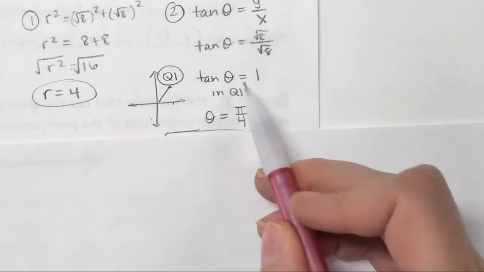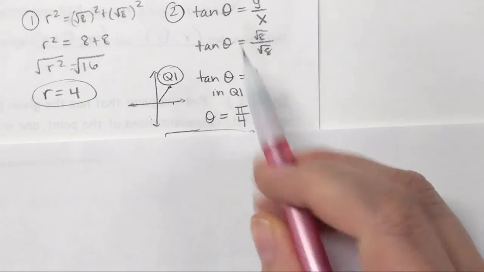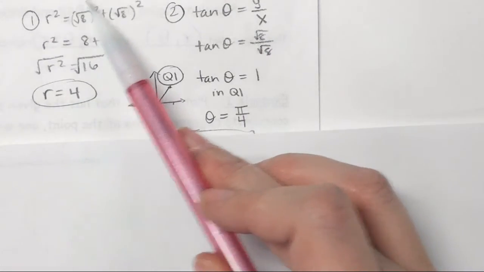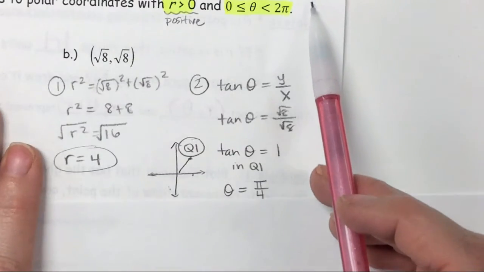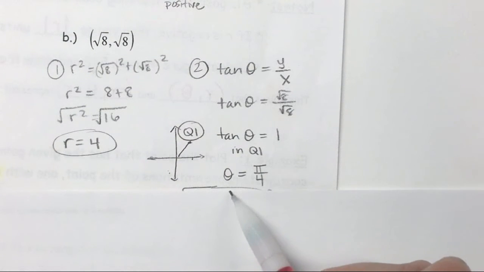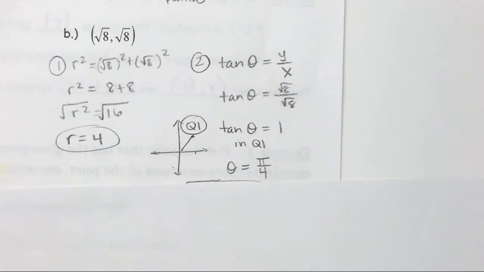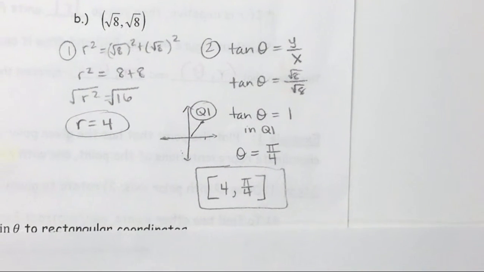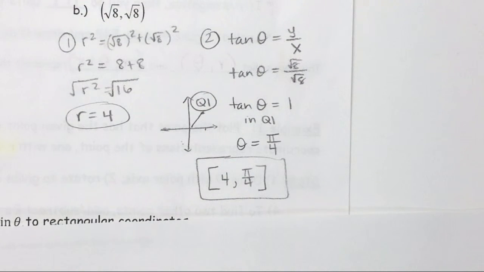Good, okay. So the tangent of theta equals 1. And then, how do I know this is in quadrant 1? Root 8, root 8. Okay, good. So they're both positive, so it's in quadrant 1. So then we agree theta is pi over 4? Okay, excellent. So then 4 pi over 4 is going to be your final one.